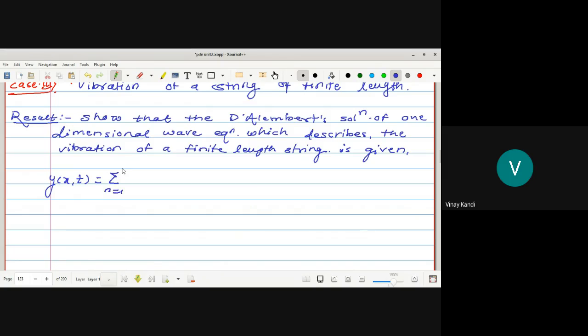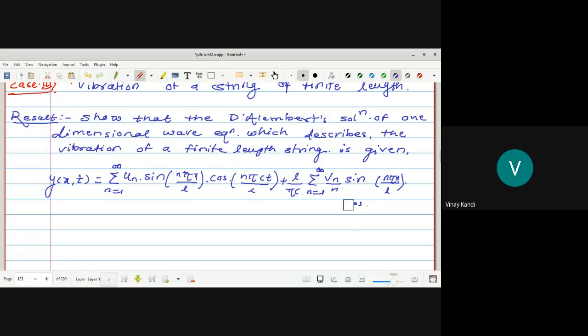Summation, n running from 1 to infinity, u_n into sine of n pi x upon l, where l is the length of the finite string, into cos of n pi ct upon l, plus l upon pi c into summation n equal to 1 to infinity of b_n upon n into sine n pi x upon l into sine of n pi ct upon l.